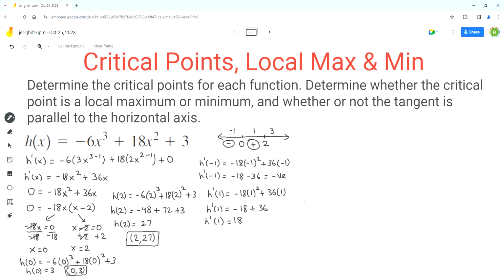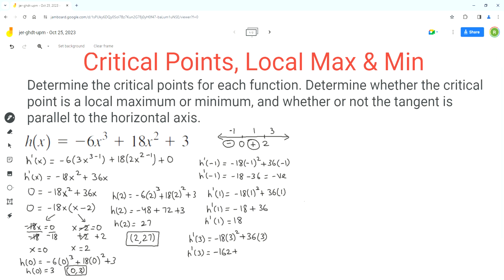Now we can use a third test value. So h prime of 3. We get negative 18 times 3 squared plus 36 times 3. So negative 18 times 3 squared. We know 3 squared is 9. So negative 18 times 9 is equal to negative 162.